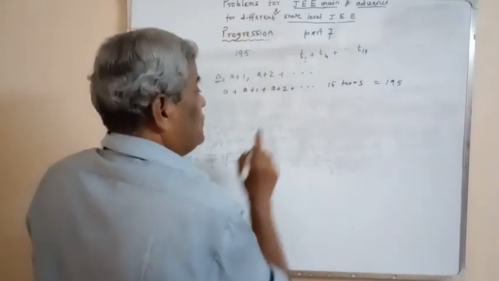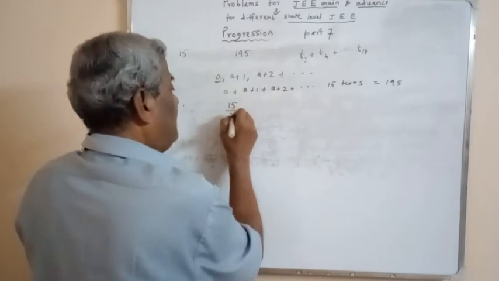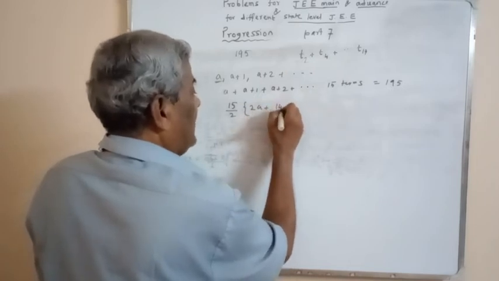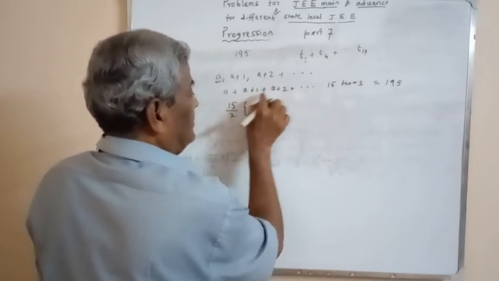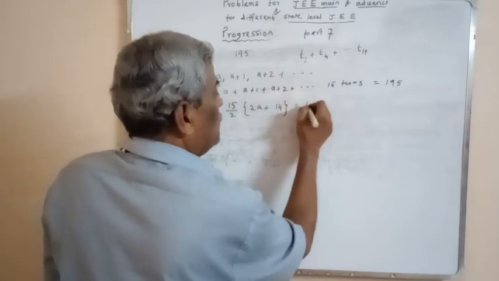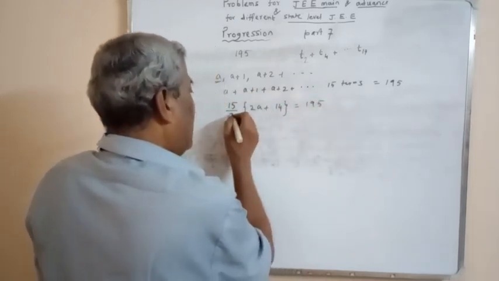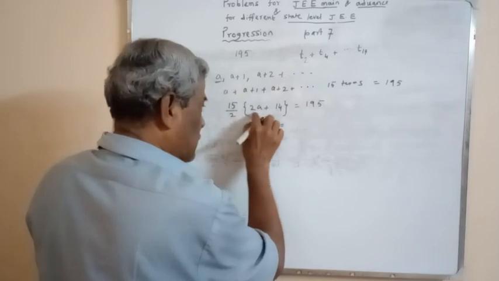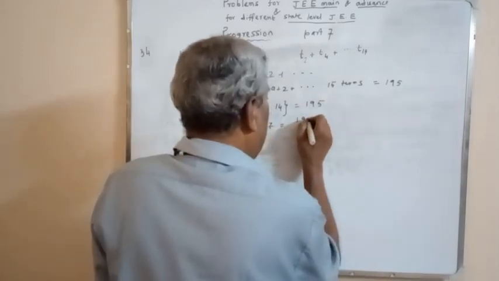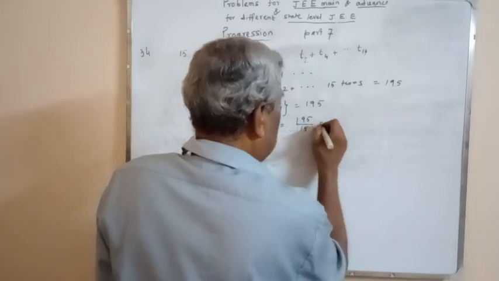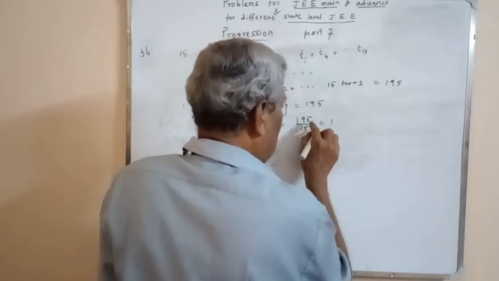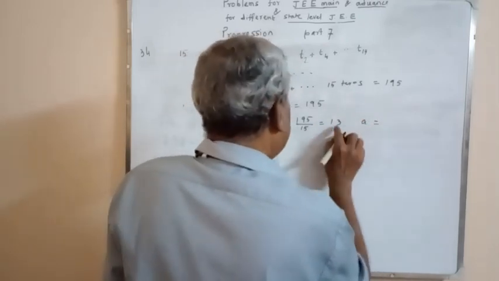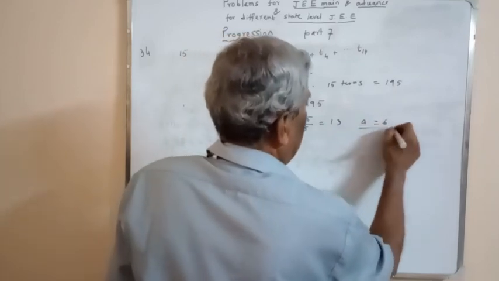So the sum is 15 by 2 into 2a plus n minus 1, 14 into d, d is 1, is equal to 195. So that 2 will be cancelled. A plus 7 is equal to 195 by 15, which is 13. So a is equal to 13 minus 7, that is 6.